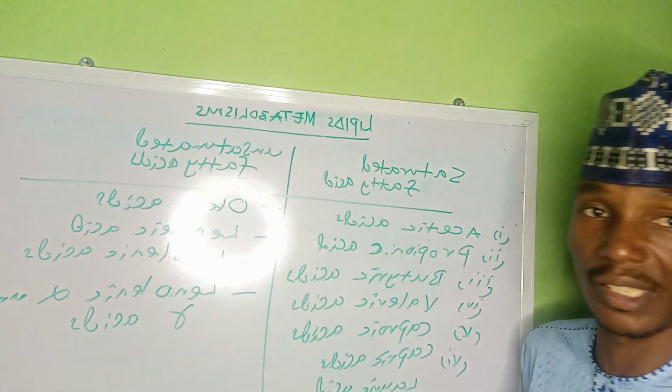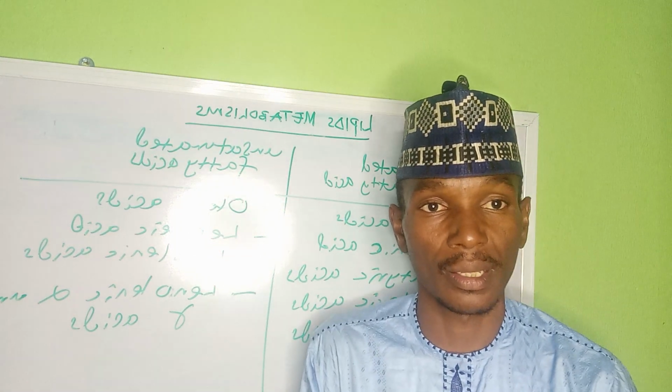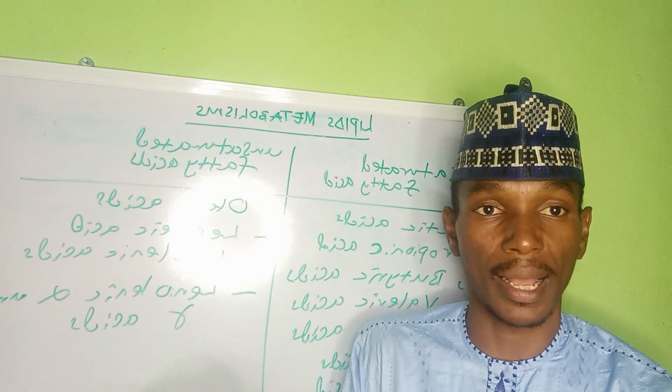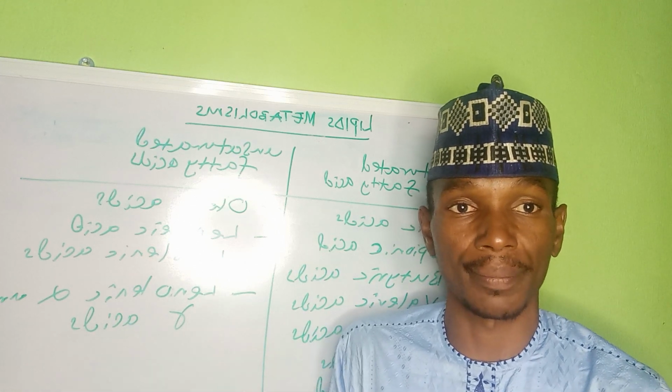All these are examples of unsaturated fatty acid. In between their carbon atoms, there is presence of double bonding in them.